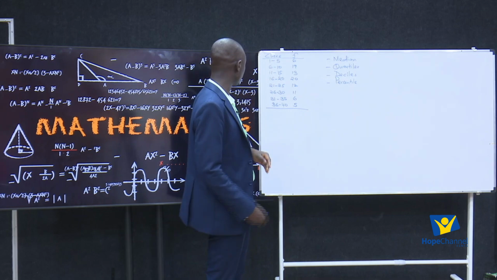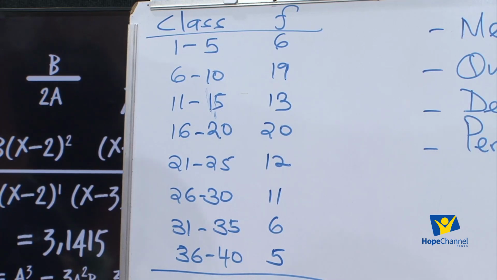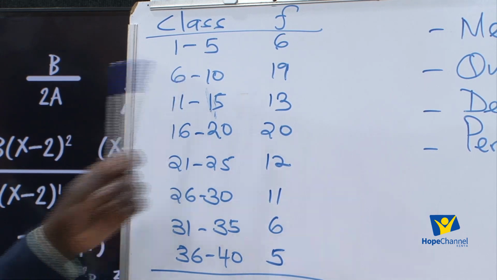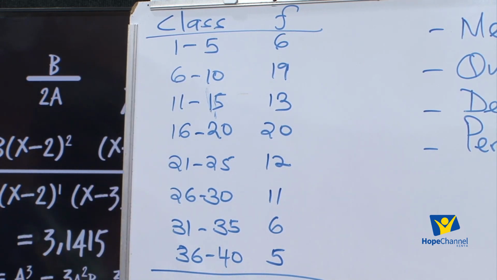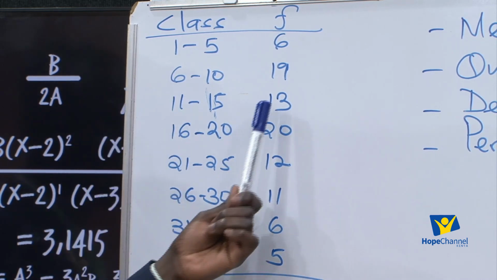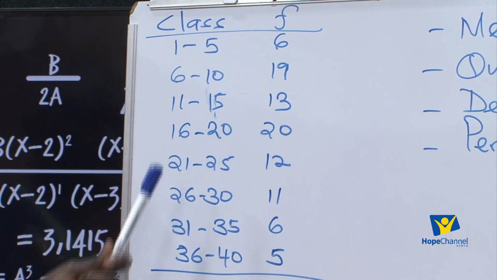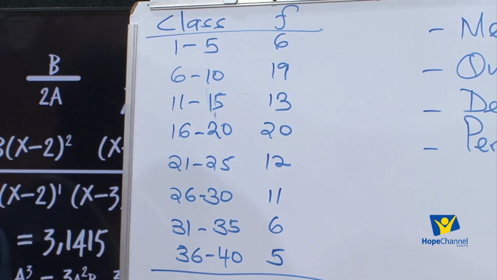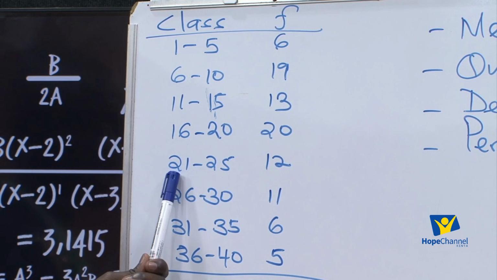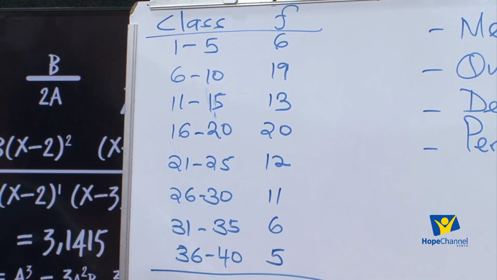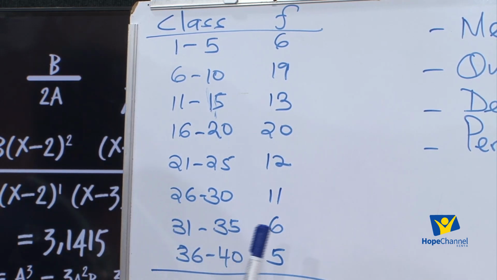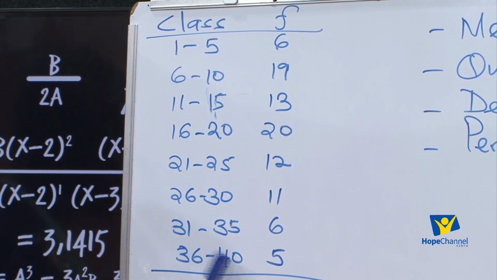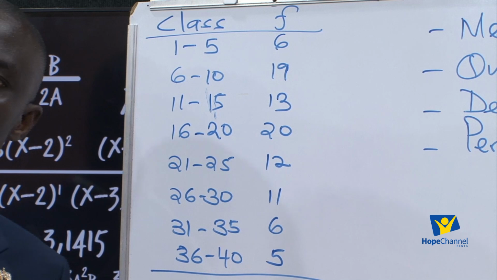The first class begins from 1 to 5 with a frequency of 6, 6 to 10 with a frequency of 19, 11 to 15 with a frequency of 13, 16 to 20 with a frequency of 20, 21 to 25 with a frequency of 12, 26 to 30 with a frequency of 11, 31 to 35 with a frequency of 6, and lastly 36 to 40 with a frequency of 5.